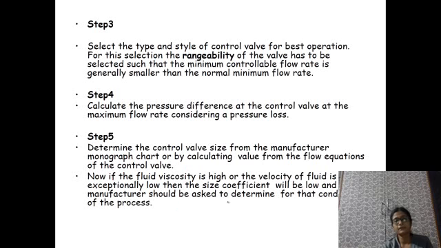Now if the fluid viscosity is high or the velocity of the fluid is exceptionally low, then the size coefficient will be low, and the manufacturer should be asked to determine for that condition of the process. That means this is for typical operations.